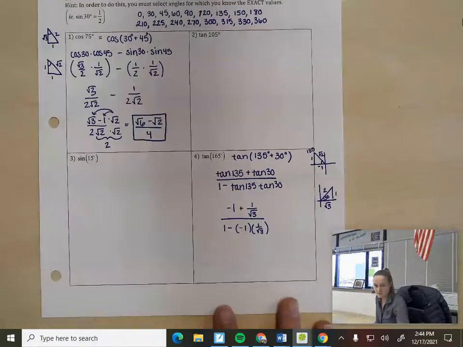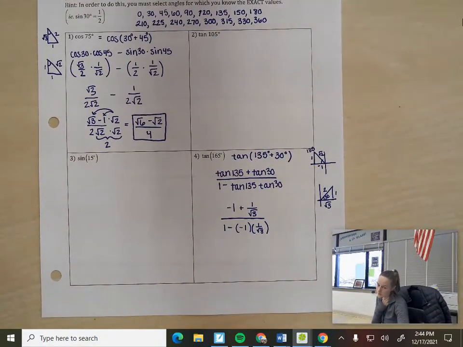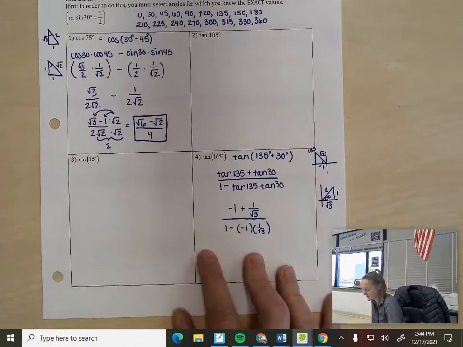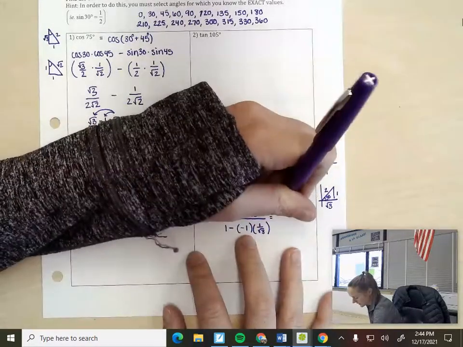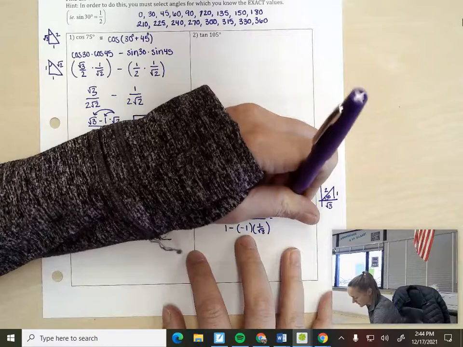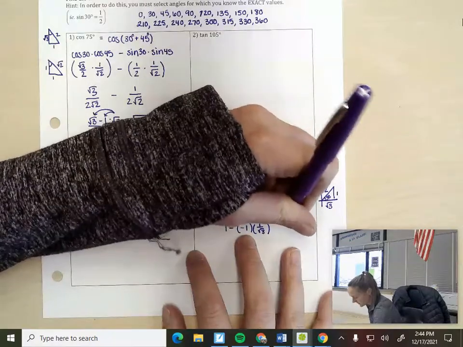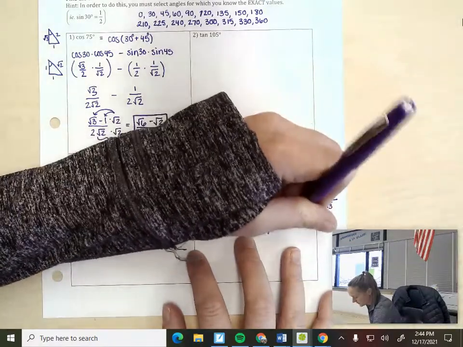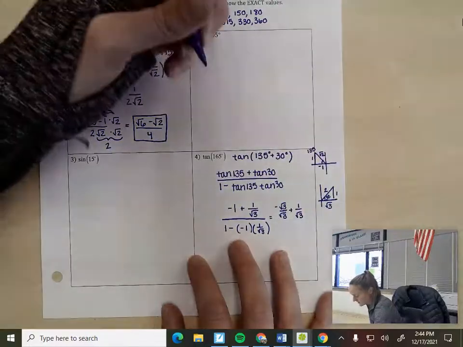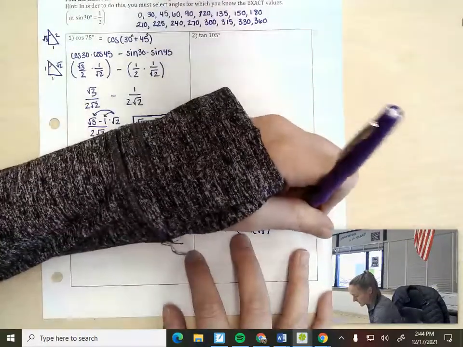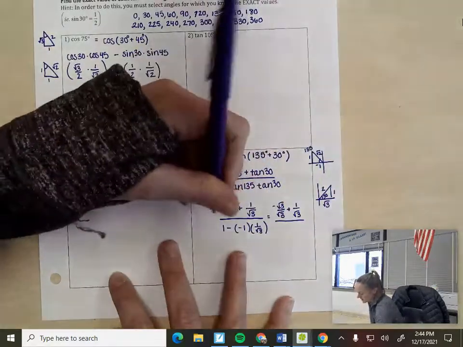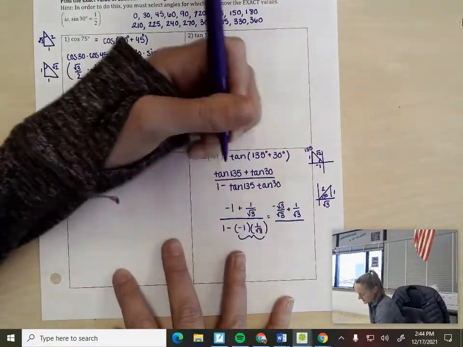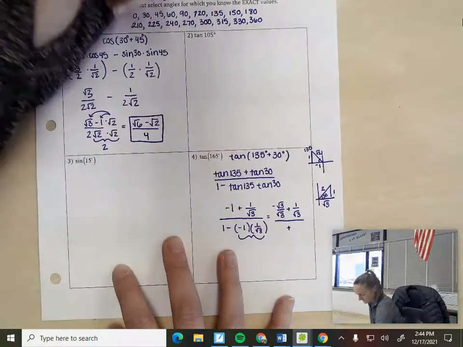So now I have to do some fraction work. In order to combine my top two fractions, I need them to have a common denominator. So I'm going to change the top into negative root 3 over root 3 plus 1 over root 3, just to combine it. And I'm going to make the bottom nice by multiplying these, which turns into a plus sign.